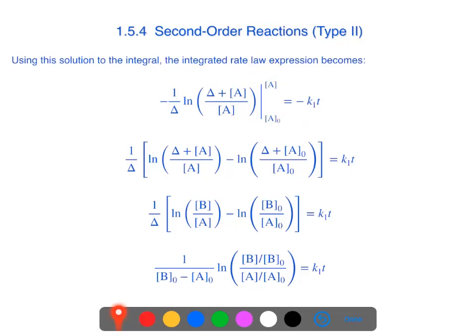So we will end up with this particular expression, and we can simplify this expression somewhat to give us the following.